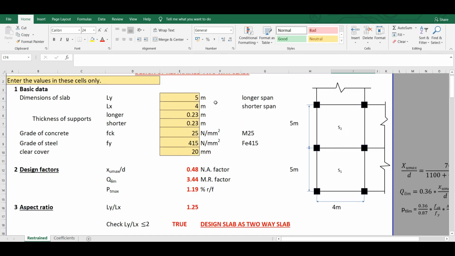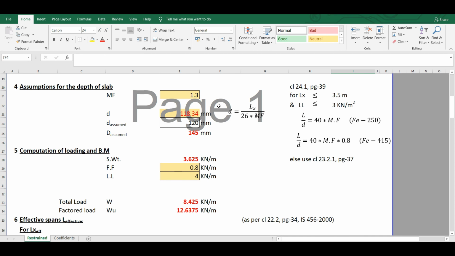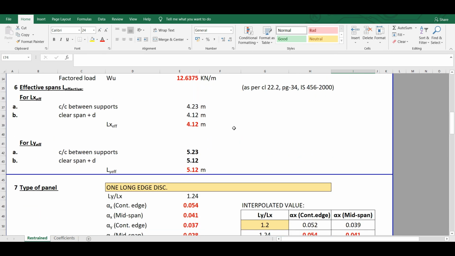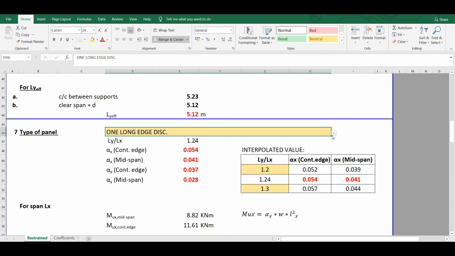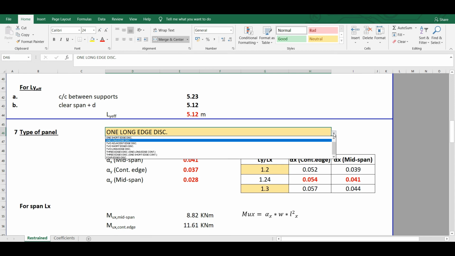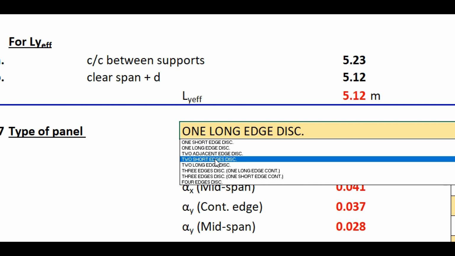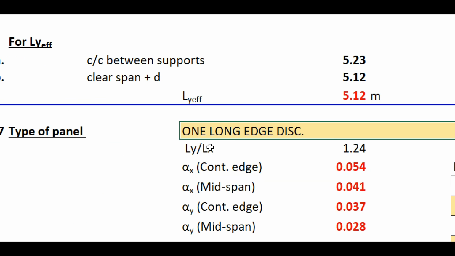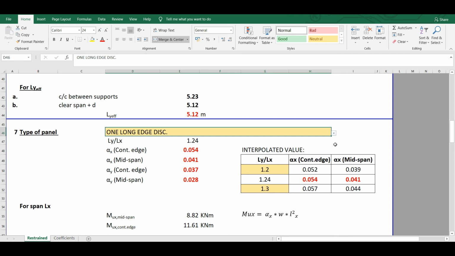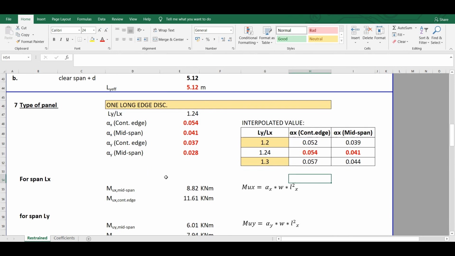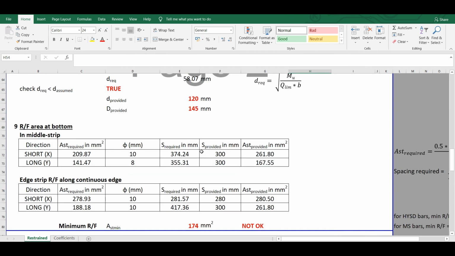The design will remain the same, only the bending moment coefficients will change. So from the drop down list, we will select the type of panel as one longer edge discontinuous. The bending moment coefficients in the Excel sheet will be automatically updated and we will get the design.